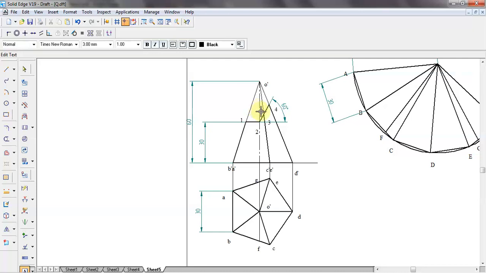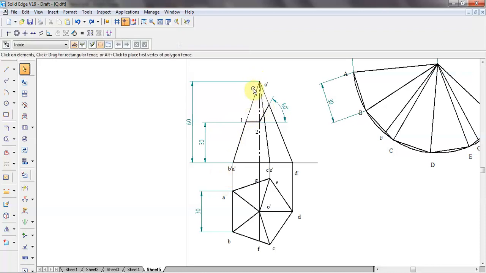So this is cutting two edges. 5, 6, and this is 7. So it is cutting OA at 1. Let me do it once again. So it is cutting OA at 1, OB at 2. Okay, I should have written 2 here.